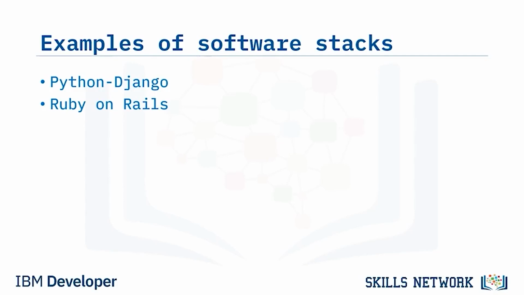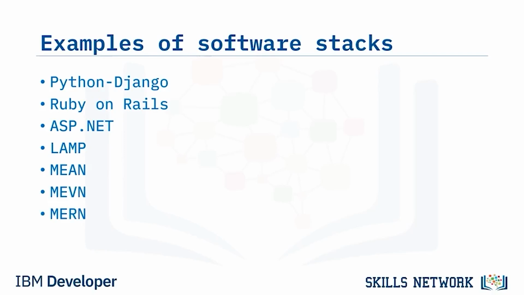Ruby on Rails is great with JSON or XML for data transfer, and HTML, CSS, and JavaScript for front-end development. And the ASP.NET stack includes Microsoft technologies such as the ASP.NET MVC framework, the IIS web server, SQL Server, and Azure. You'll learn more about the LAMP, MEAN, MEVN, and MERN stacks next.